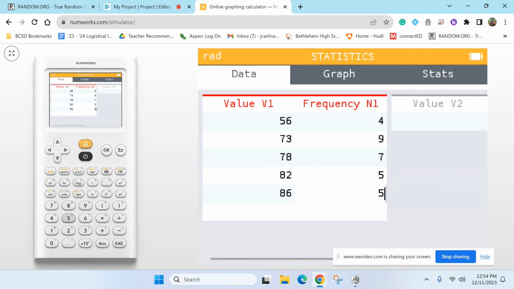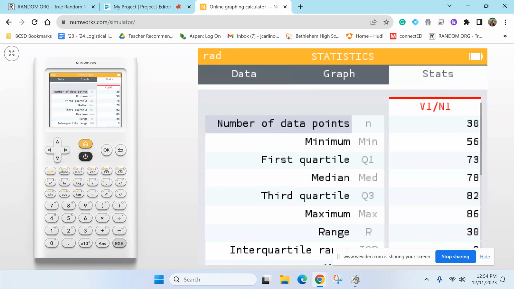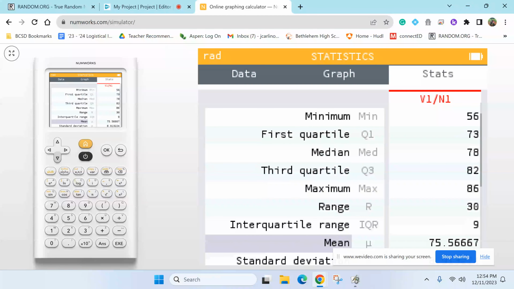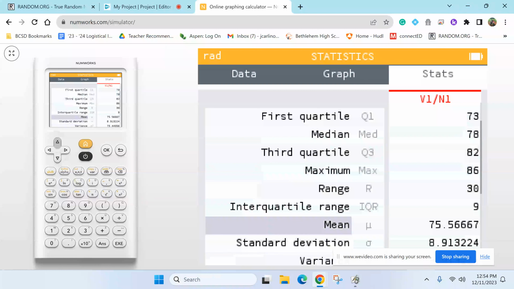So just a quick check, make sure everything's typed in correctly, and head back up to stats. And pick out the values that we're going to need. We're going to need all these eventually, but we're just going mean, median, mode for today. Median 78.